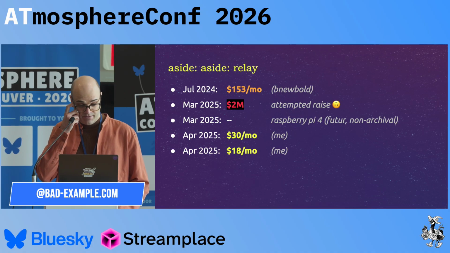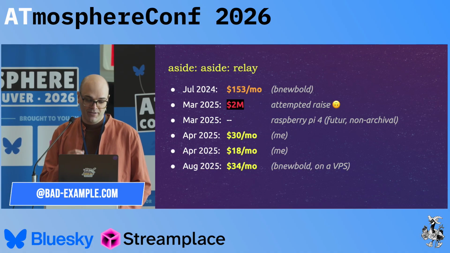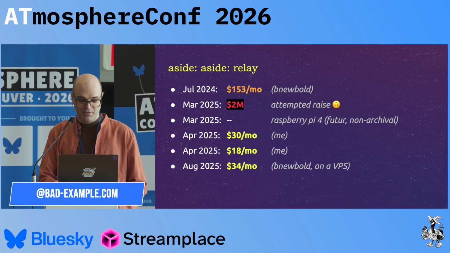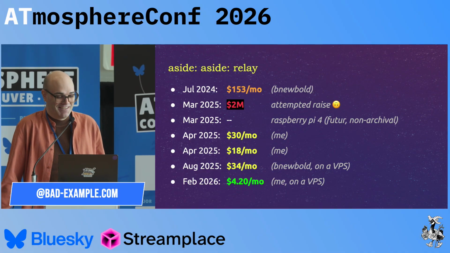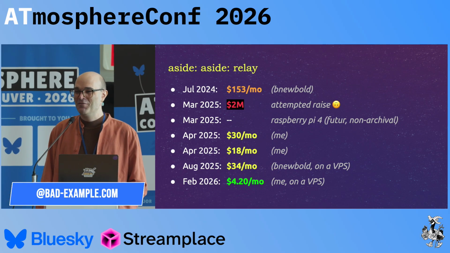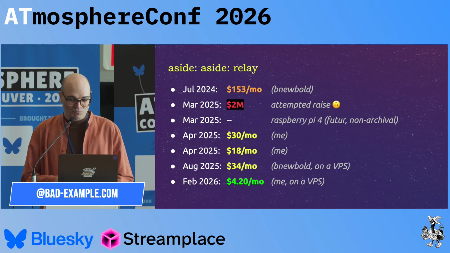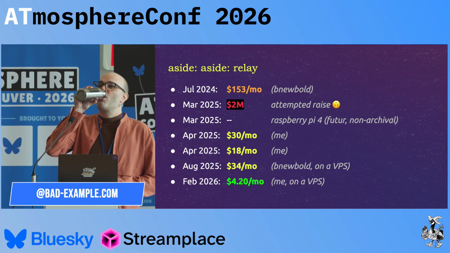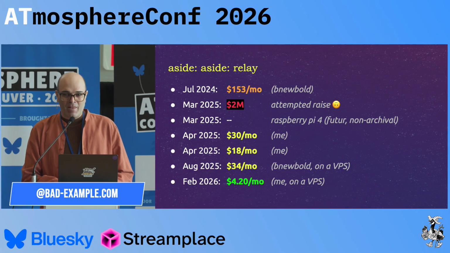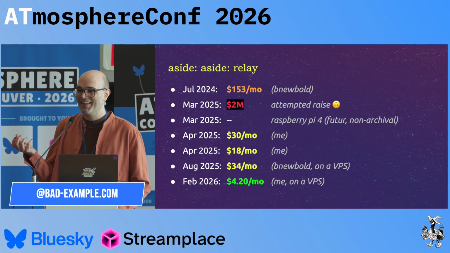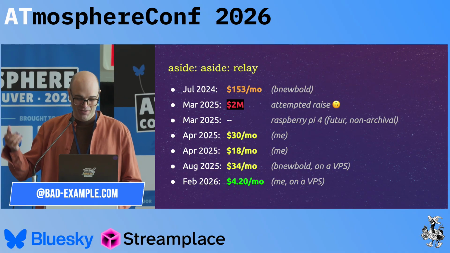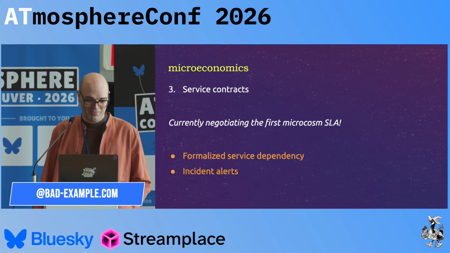The month after that, I got it down to $18 on a different provider. Brian did it for $34 a month and wrote it up in a nice post. And last month, I got one working on an under-$5-a-month VPS. So the network is growing, but it's weird that you can just run infra pretty affordably.